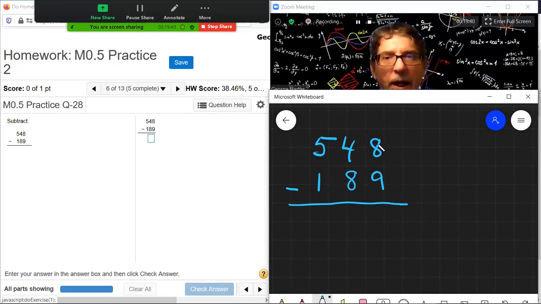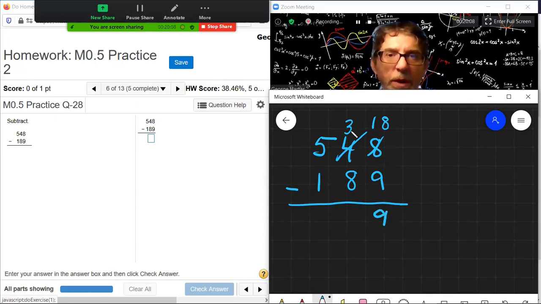And notice that the 8 is smaller than 9, so we cannot subtract this the way it is. Instead, we have to borrow from the next digit to the left. So we have to borrow 1 from the 4. The 4 becomes a 3. And then the 8 becomes an 18. Because 18 is bigger than 9, we can subtract now. 18 minus 9 is 9.